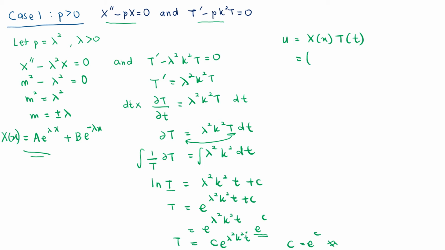So we will have A e to the power of lambda x plus B e to the power of negative lambda x, which is the solution for x here, and t is equal to C e to the power of lambda square k square t.